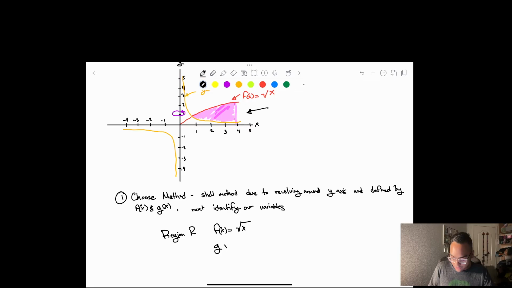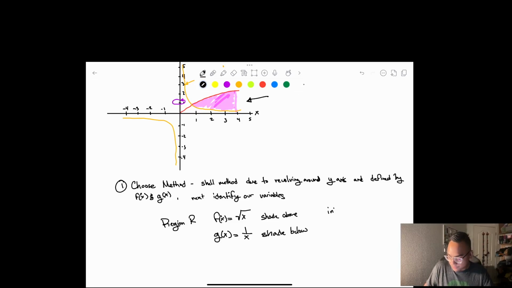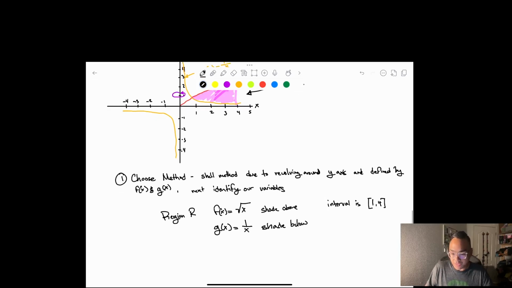We know that g of x is equal to 1 over x. The f of x you shade above, and you shade below for g of x. We know that the interval is between 1 and 4, and it's a bracket, not a parenthesis, a bracket. And the axis of revolution is around the y-axis.